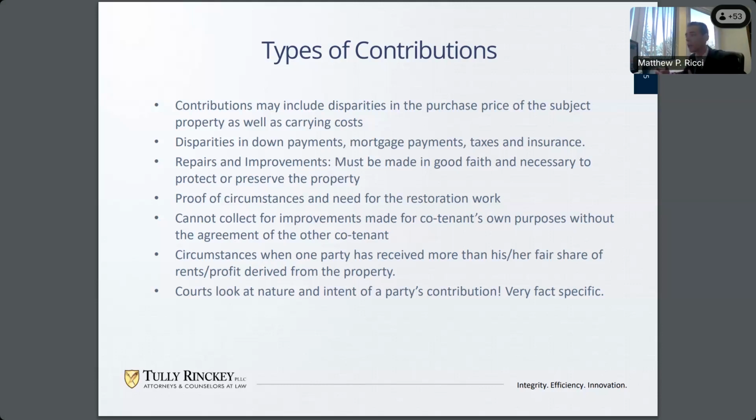Again, the courts look at double dipping, and try to always avoid allocating the proceeds if they feel like some of the allocation would cause one party to double dip and enjoy multiple types of distribution of the proceeds. So again, courts look at the nature and intent of a party's contribution, very, very fact specific.